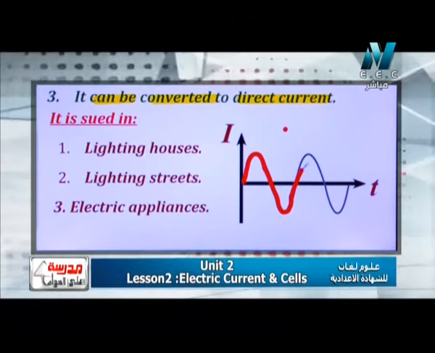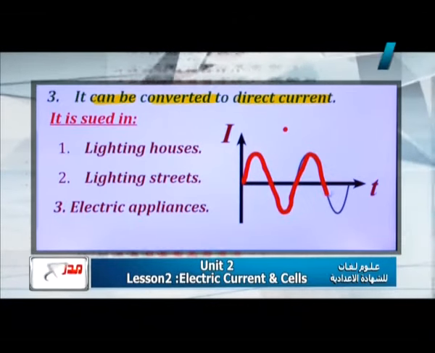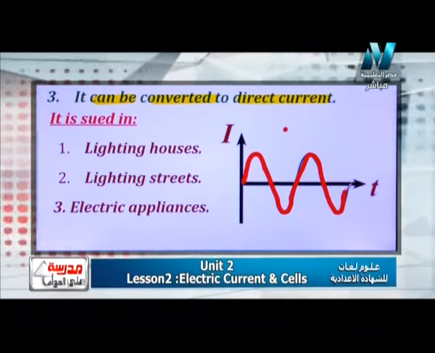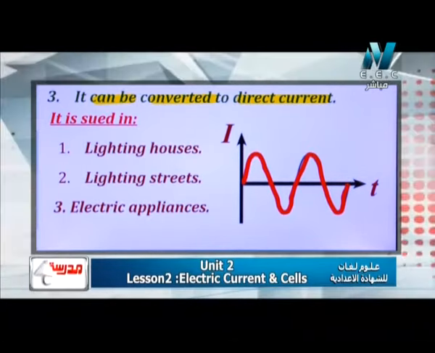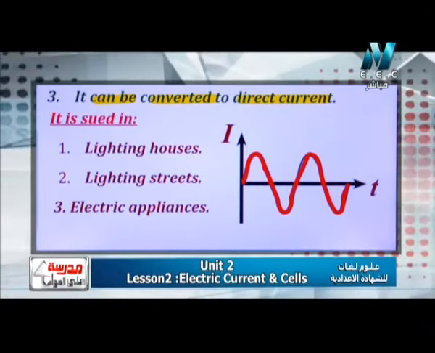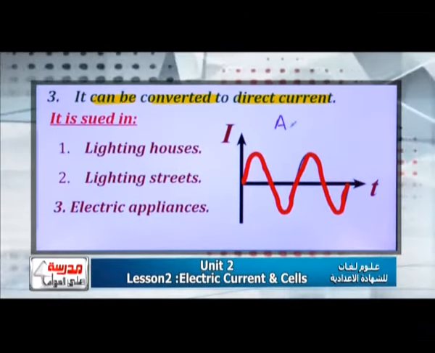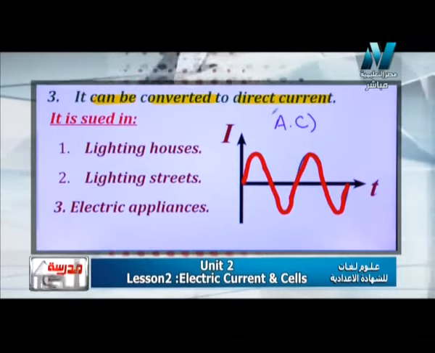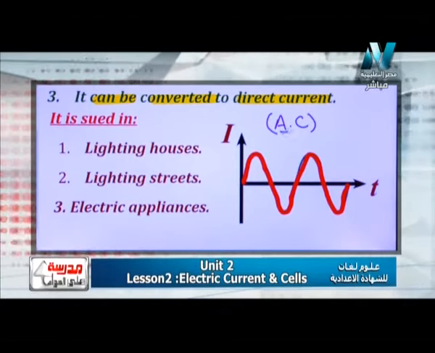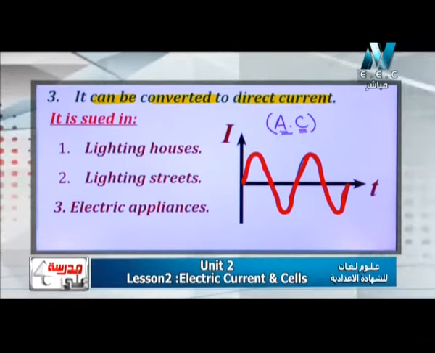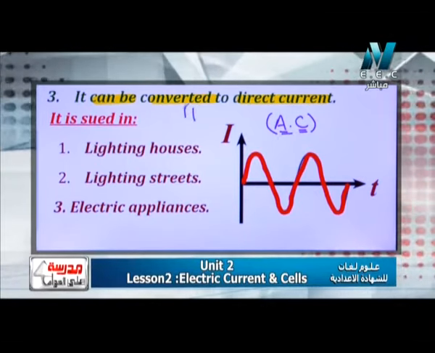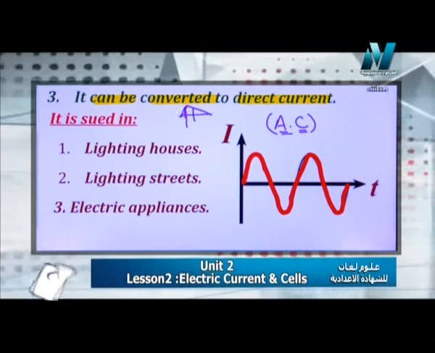We can change its direction, we can change its intensity, and here we talk about alternating current, which means changeable in intensity and direction, can be transferred for a long distance, and can be converted to direct current.